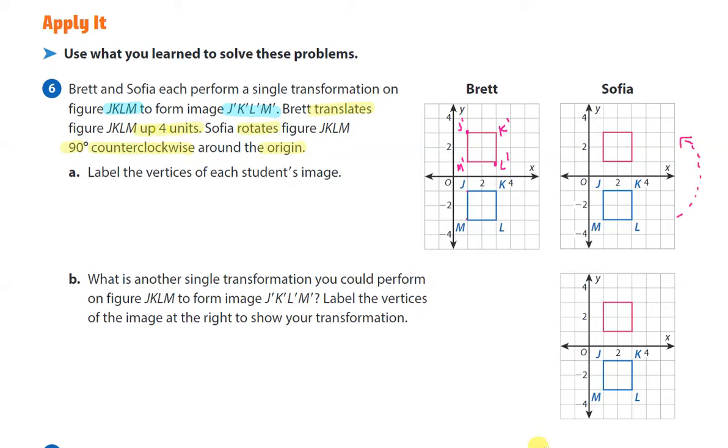So her square turned 90 degrees. So this one's going to stay the same because the origin is the center. So that's still J prime. But now K is up here. L is right here. And M is right here. Okay, so they're labeled now.